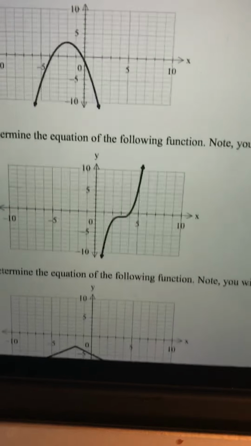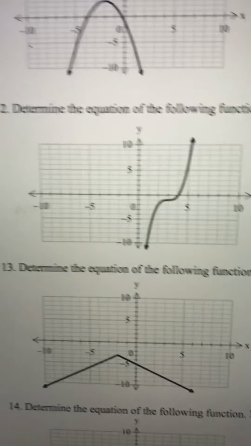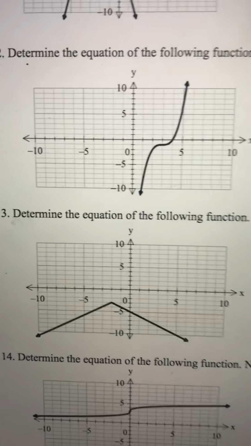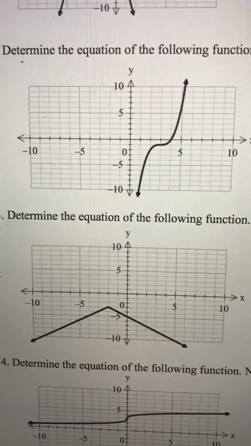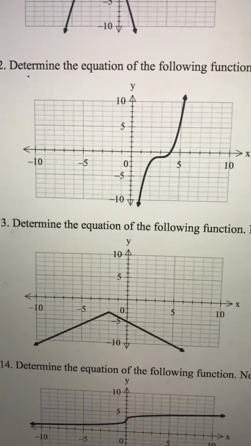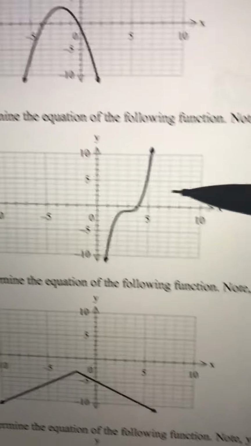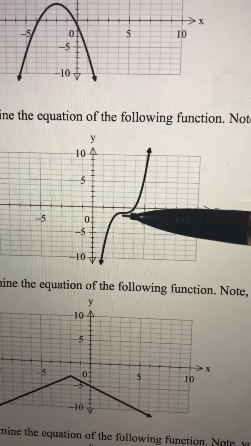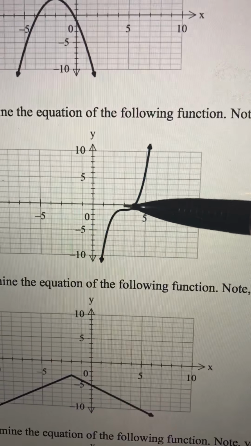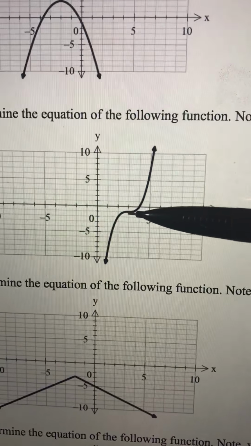Number 12, we have a graph that you want to remember is the cubic, where it goes up to the right and down to the left. So that has a positive leading coefficient. And the shift for this one is given by this central point right here where it has that leveling off, which looks like it's over 3 and down 1.